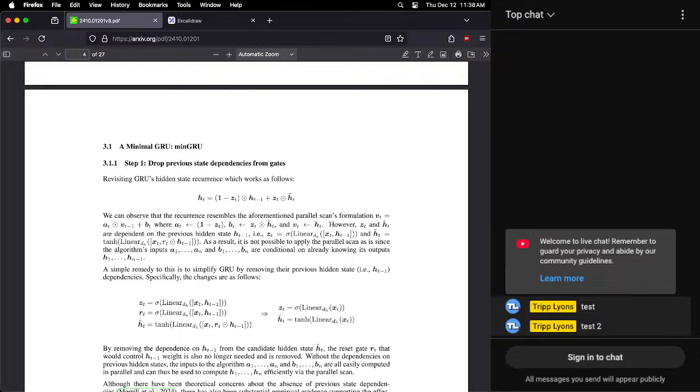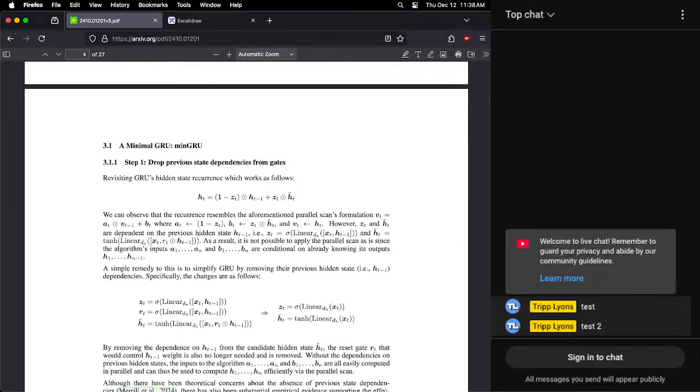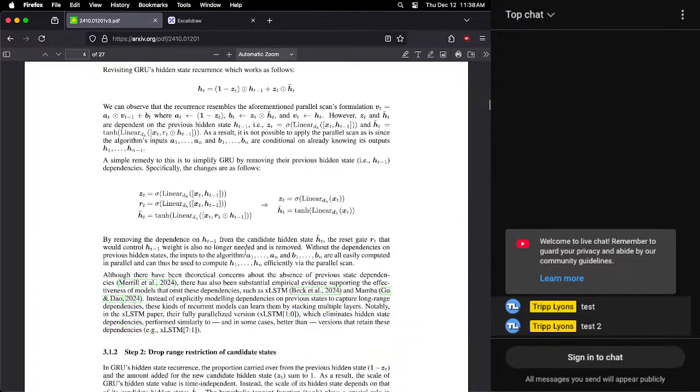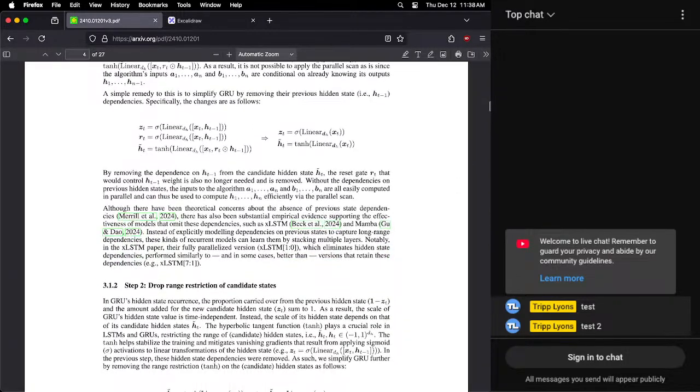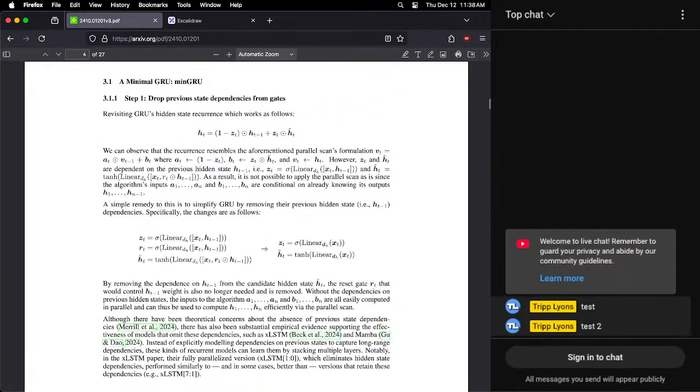And then at the end, I believe they introduce this term. Let me find it. Where are they? Here.